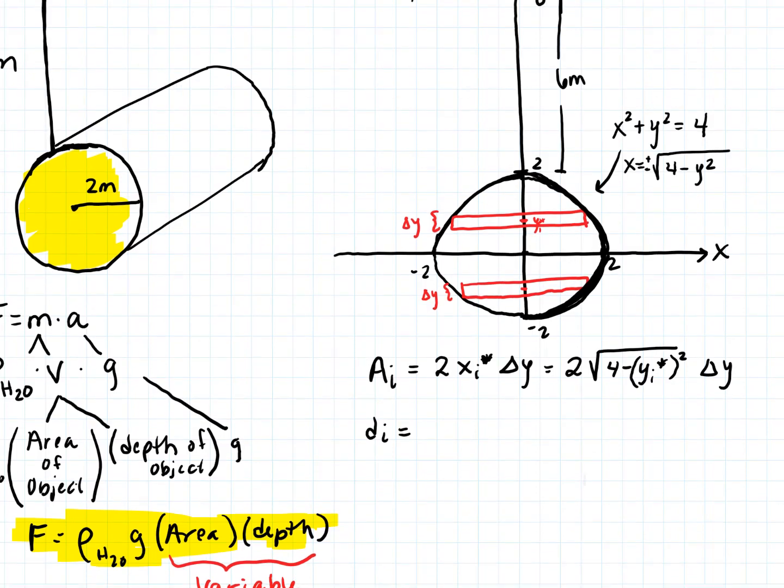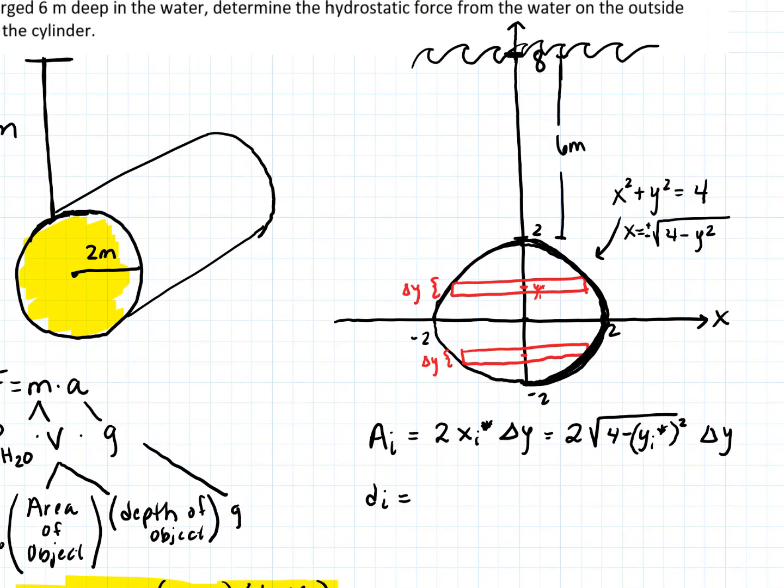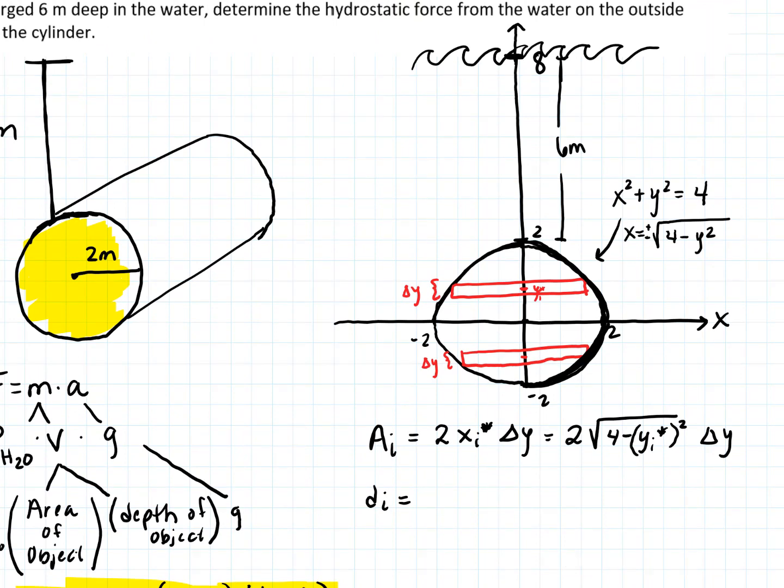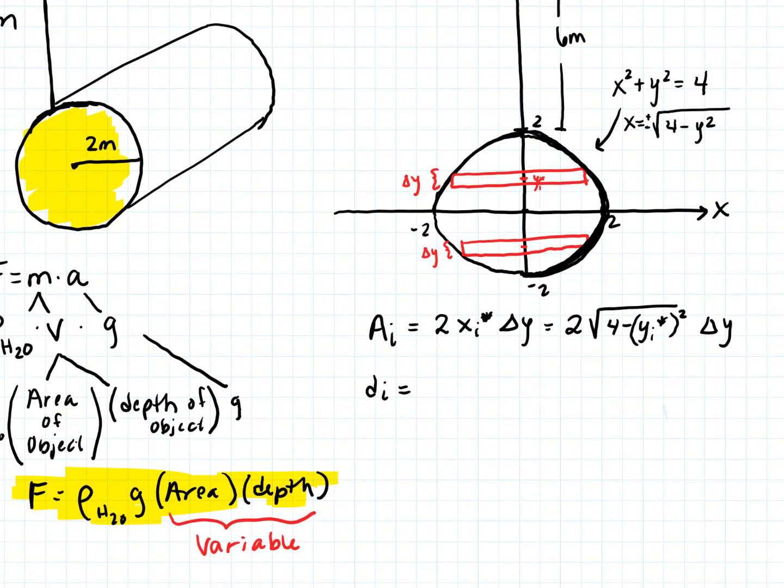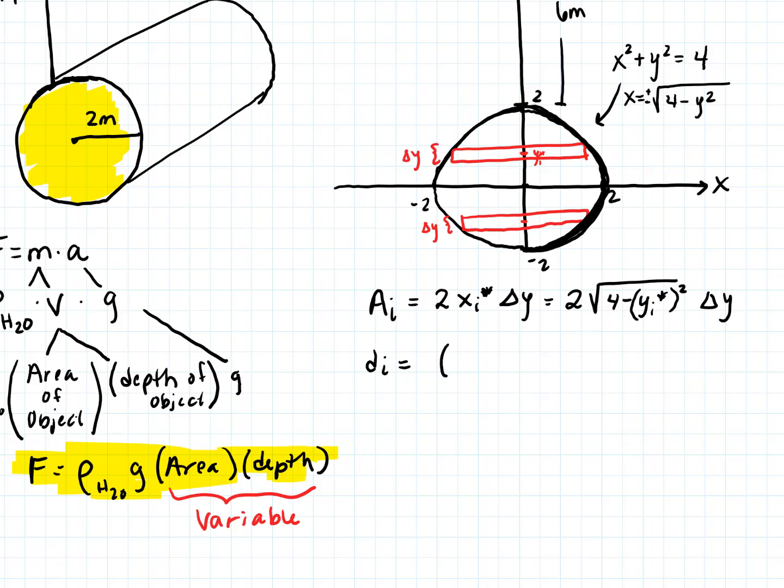And then the depth of each of those slices is, since remember the cylindrical tank is submerged 6 meters deep in the water, each of those slices is going to be at a depth of 8 minus y sub i star.